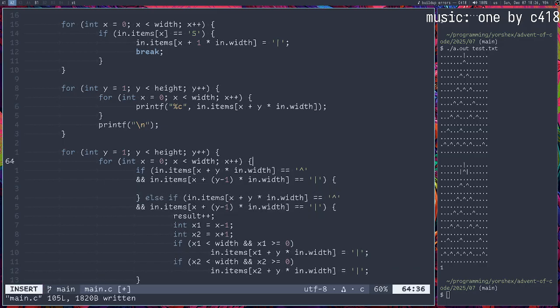If this is a dot, and above is a pipe, we want the dot to become a pipe. Makes sense, right?